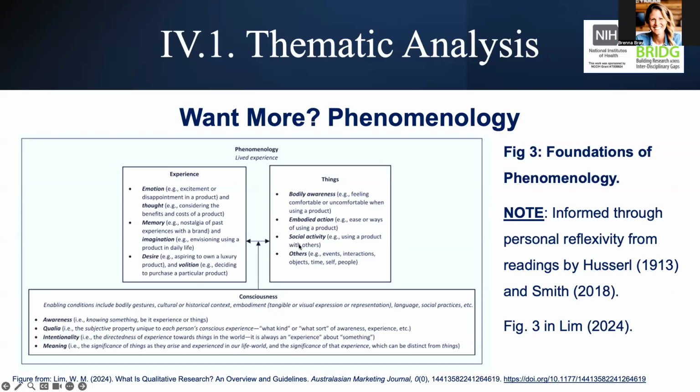And then we'll have things that we note: body awareness, embodied action, social activity, other, objects, time, self, people. And we're applying our consciousness to this process of experiences and things and making meaning of experiences and things. And then coding fits in here because this is how we operationally define our meaning units, our units of meaning.